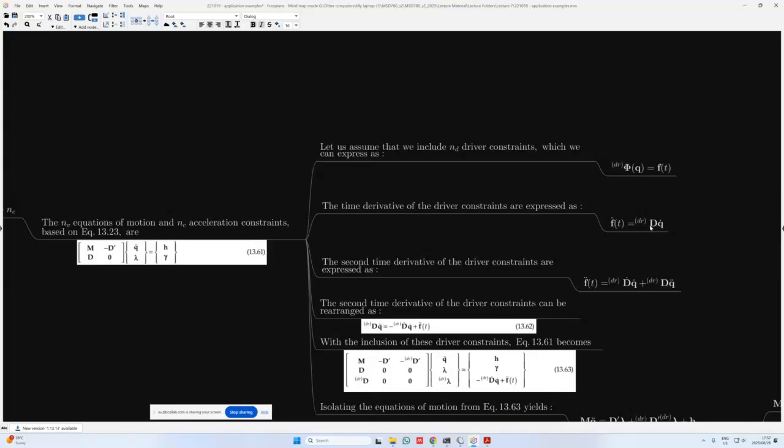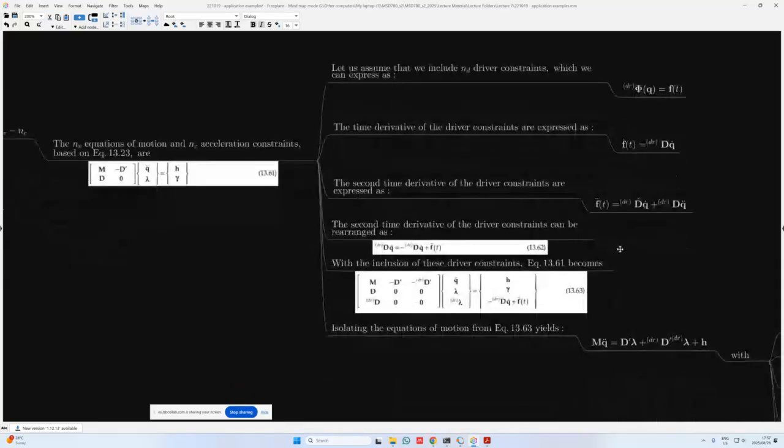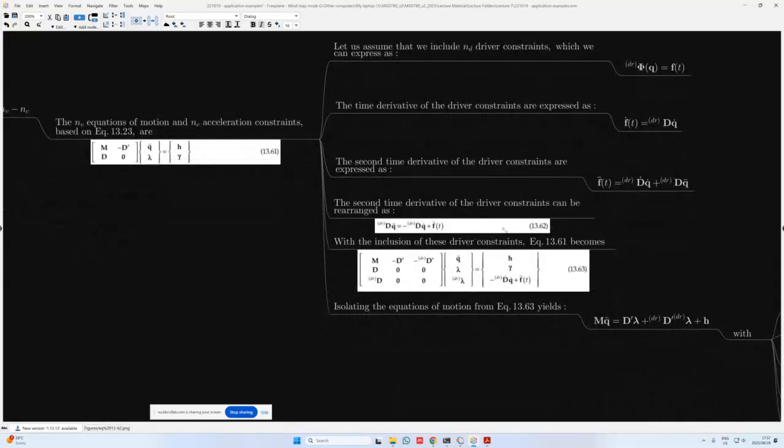So f double dot t is then equal to the derivative of the driver Jacobian multiplied by q dot plus the driver Jacobian multiplied by the acceleration vector q double dot. The second time derivative of the driver constraints can then be rearranged so that we have this form over here in 1362. And finally, we can then include these driver constraints as an addendum to 1361.